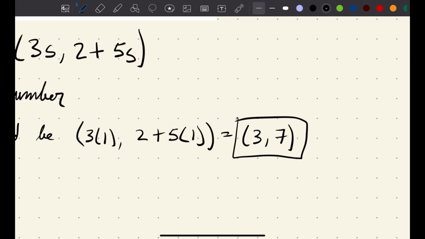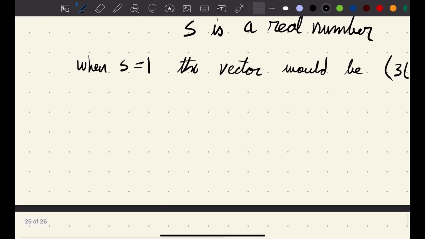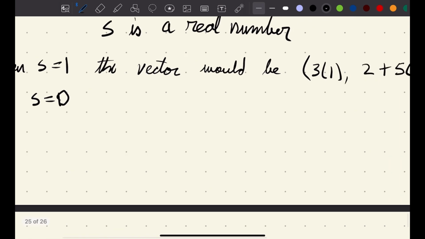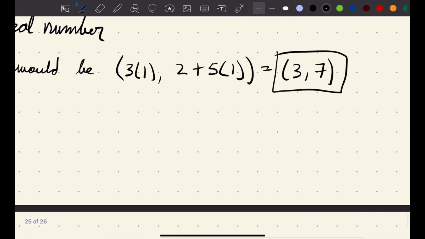This will be our vector. When s equals 0, it will just be 0, comma 2.